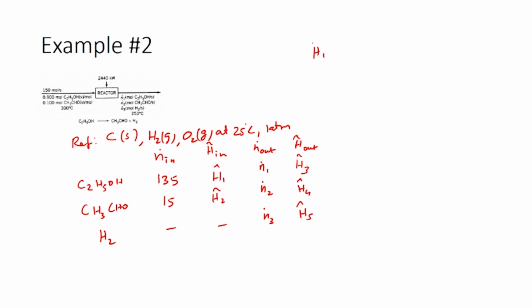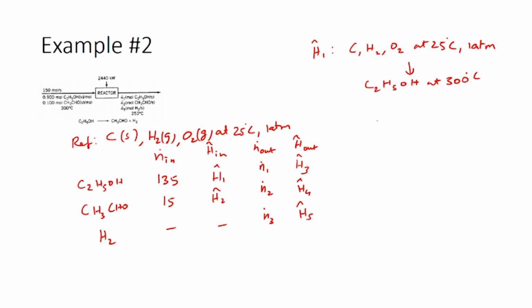Your H1 cap is basically the process where carbon, hydrogen and oxygen in their native states at 25 degrees Celsius and 1 atmosphere form C2H5OH at 300 degrees Celsius. To take this into consideration, we have to look at two steps. The first would be the formation of ethanol, and the second would be the heating of ethanol from 25 to 300 degrees Celsius.